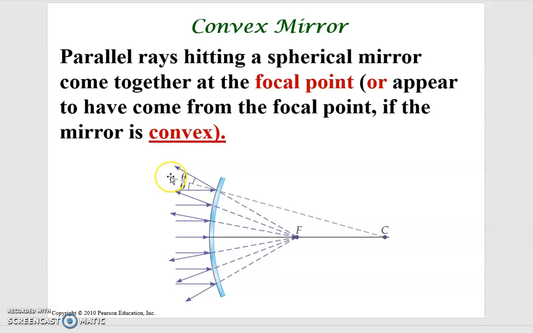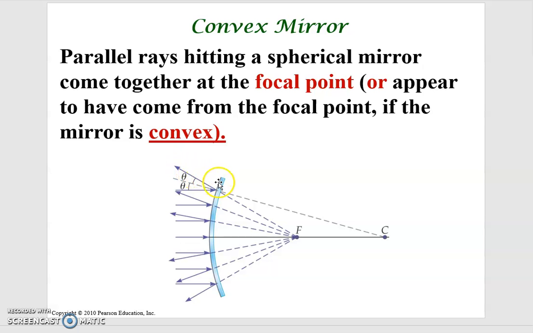So you have to draw a normal line which is perpendicular to the surface. And the normal line, the dashed line, will pass through the center of curvature. And you will see that in that case, the reflected light will also follow the law of reflection, and it will go this way. However, the reason we try to distinguish the concave and convex is that for the convex, the focal point is behind the mirror. So how do you find it?